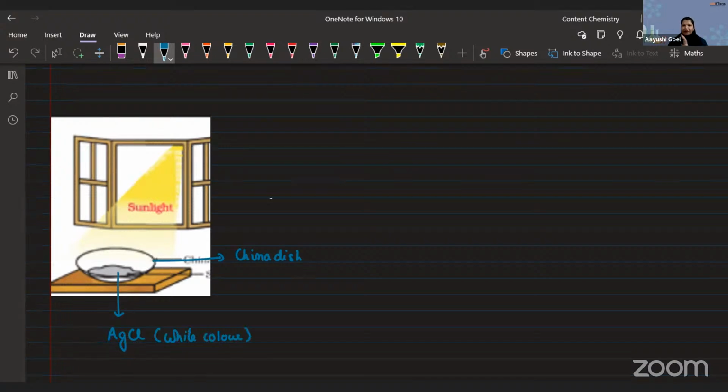Okay. Now we are going with the reactions here. So what is the first reaction? What is the A type of question which we are framing? A: What will happen when sunlight falls on the China dish?